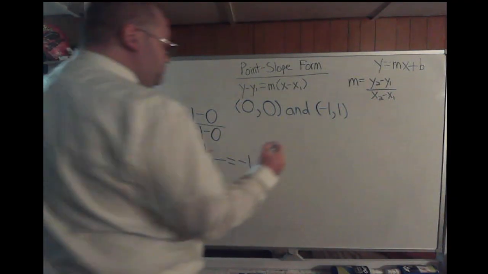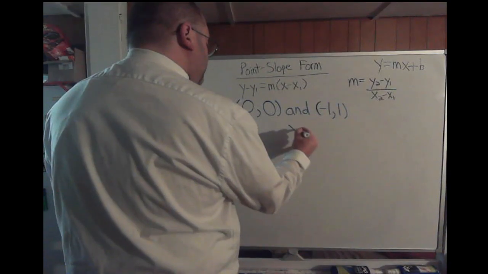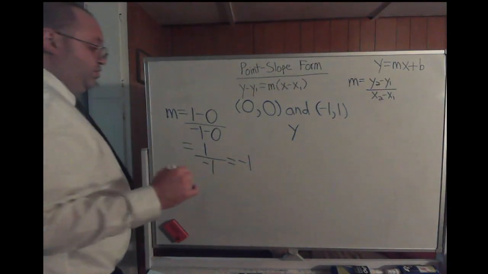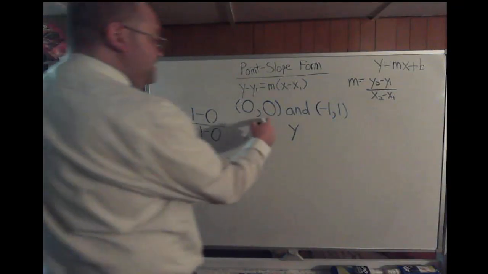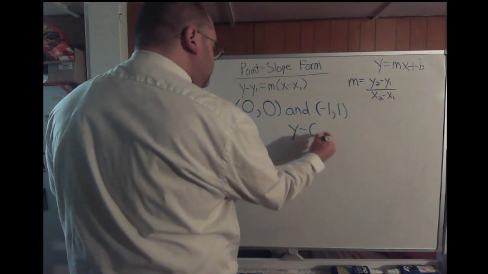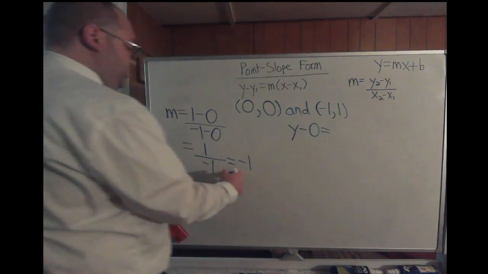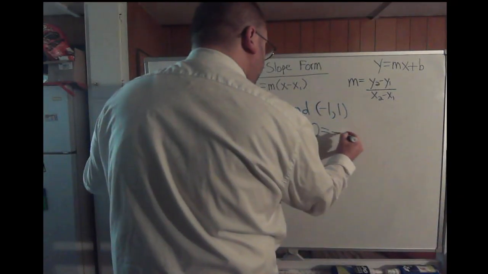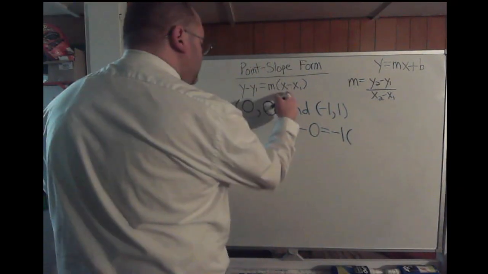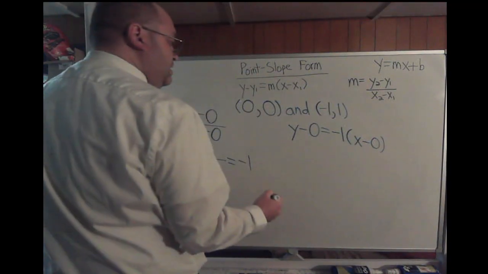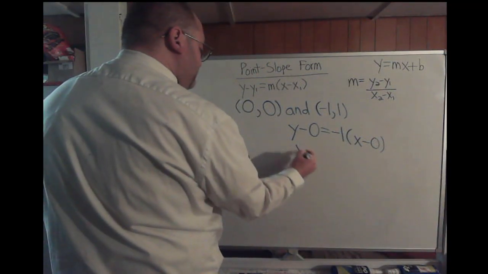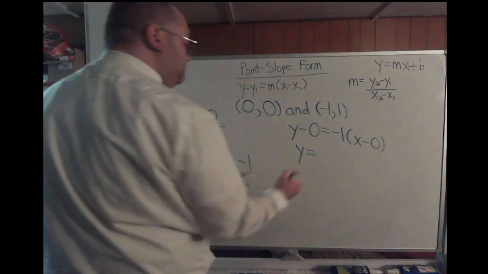Now, we need to find the point slope form of this equation. We'll pick one of these to be our y1. I think that's a no-brainer. We'll do y minus 0 is equal to that slope of negative 1 times our x minus 0. Well, y minus 0 is just y.